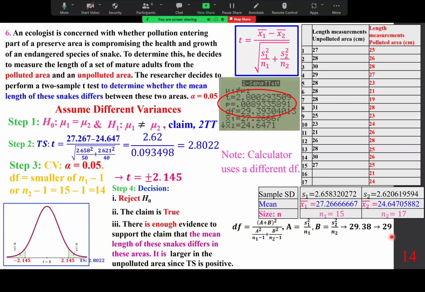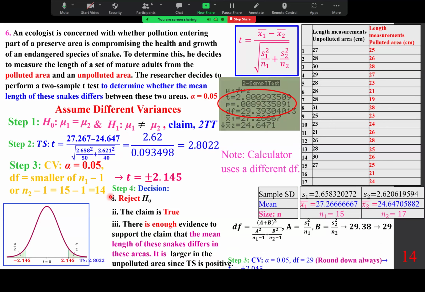What do we see here? We see the test statistic, which is the same or very close. Degrees of freedom, which is way different than that. The p-value is less than alpha, and it results in the same thing.